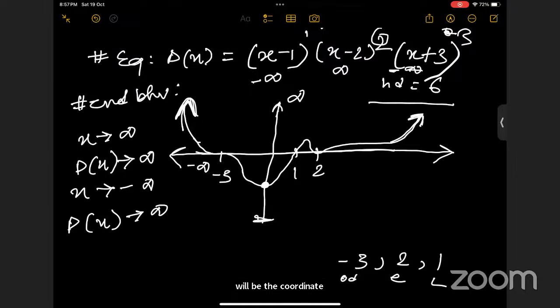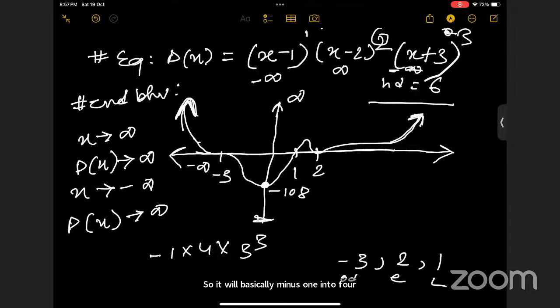We will put minus 108. Yes, we just put x equals 0 in the equation, so it will basically be minus 1 into 4 into 3 cubed, and whatever the value is, that is the y-intercept.